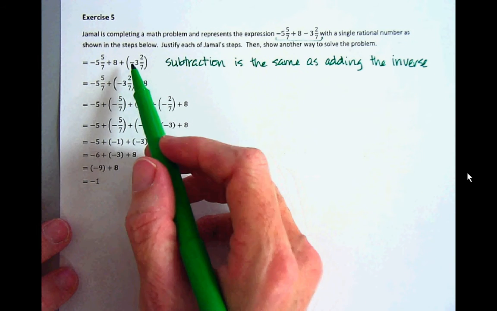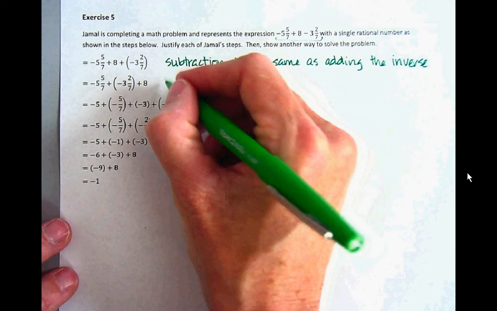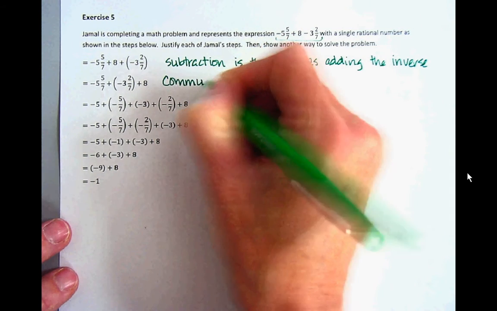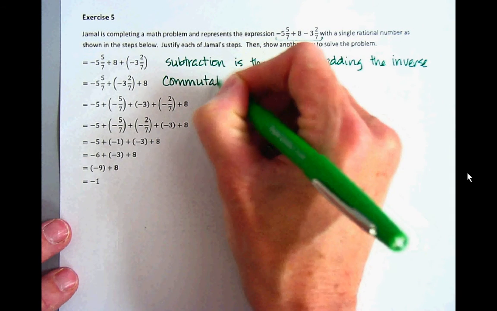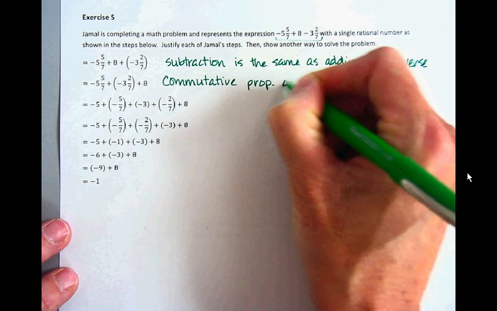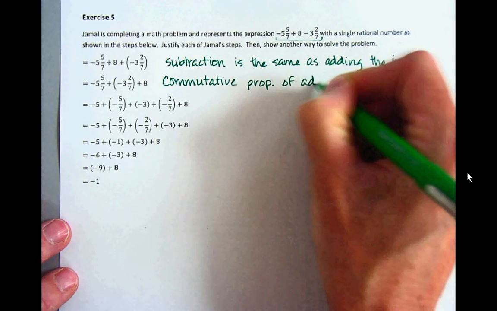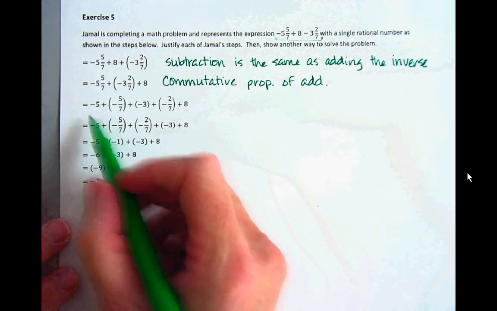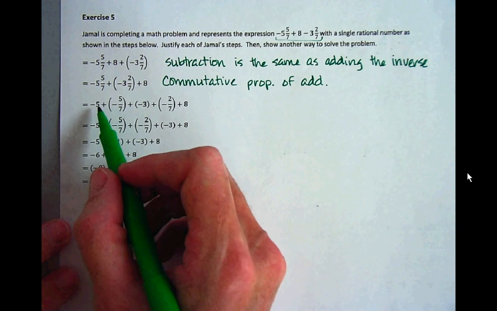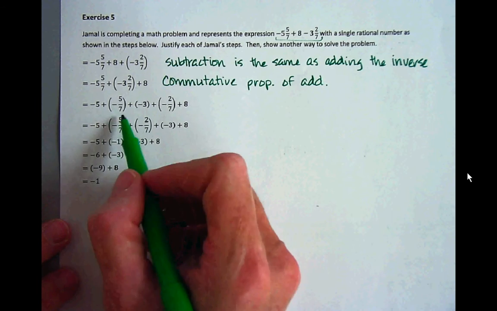Now, what happened from this step to this step? We used the commutative property because we moved the location. Commutative property of addition. Now, what happened in this spot? Well, minus 5 5/7 is split up.